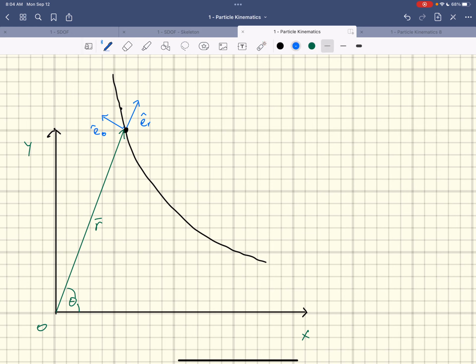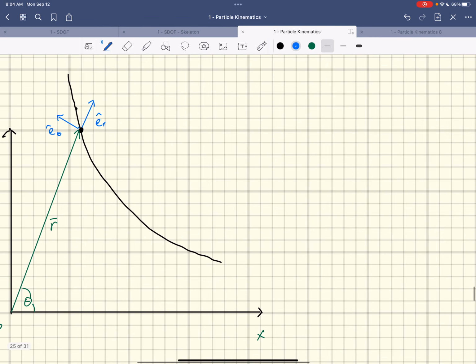Let's define it, put down in words what these things are. e_r hat is a radial unit vector.